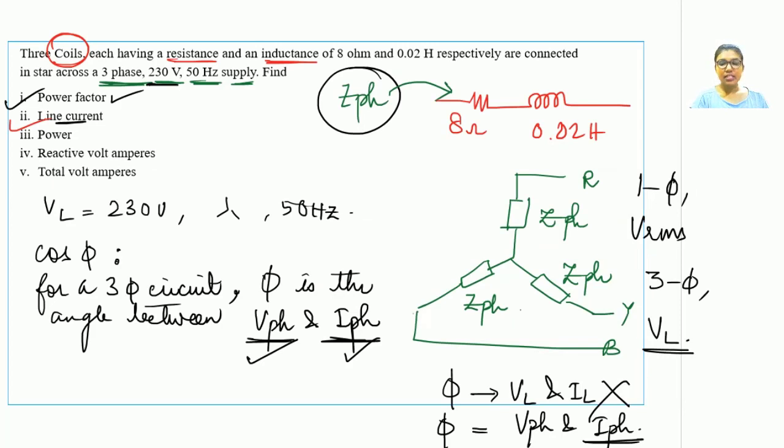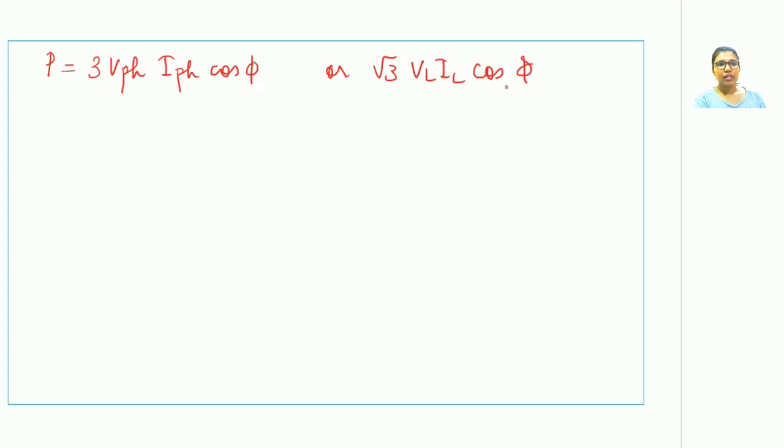The third bit says find out the power. So what is the expression for power? The expression that one must use to compute the power is either 3 V phase I phase cos phi or root 3 times VL IL cos phi. These are the two expressions of power for a three-phase system, so you can use either of them.